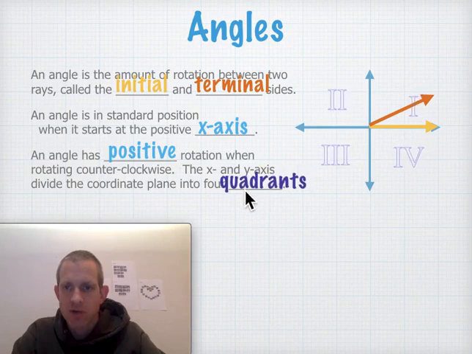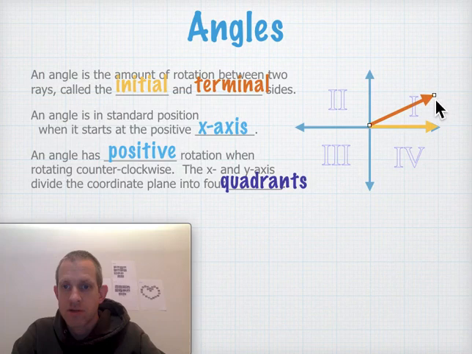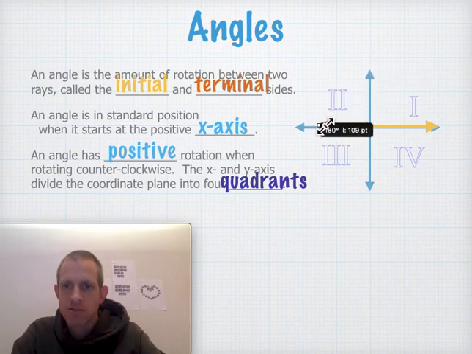Those quadrants you've probably heard of before are abbreviated with Roman numerals, I, II, III, and IV. The reason they are in that particular order is because as you rotate around, the first quadrant you rotate through is quadrant 1, and then quadrant 2, and so on.